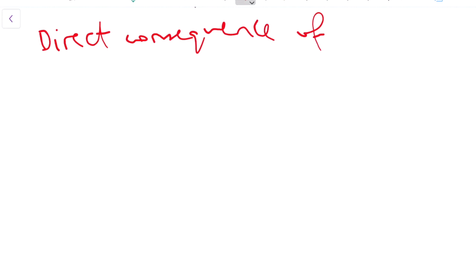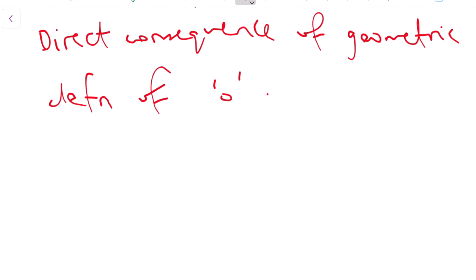Now we can see the law of cosines very quickly as an extension of dot products. This is a direct consequence of the geometric definition of dot product.